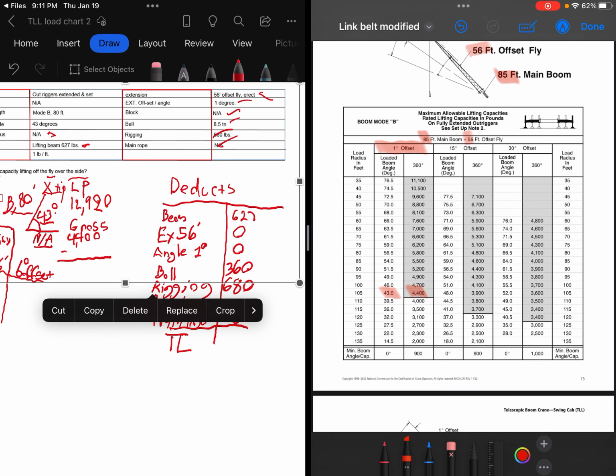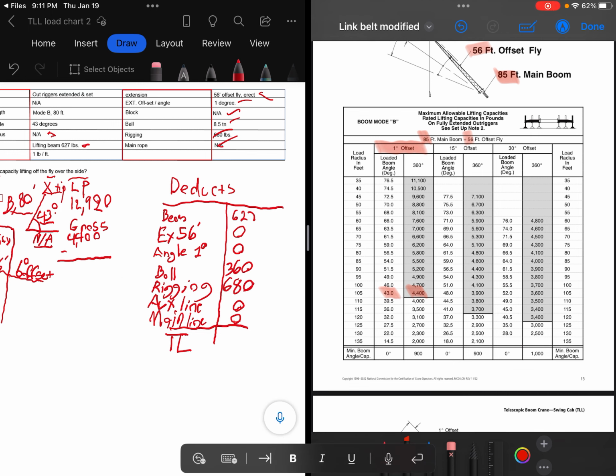Now let's add up all of our deductions. Our deduction weights are going to be 627 for our lifting beam, plus 360 for our ball, plus 680 for our rigging, and that's going to be 1,000.